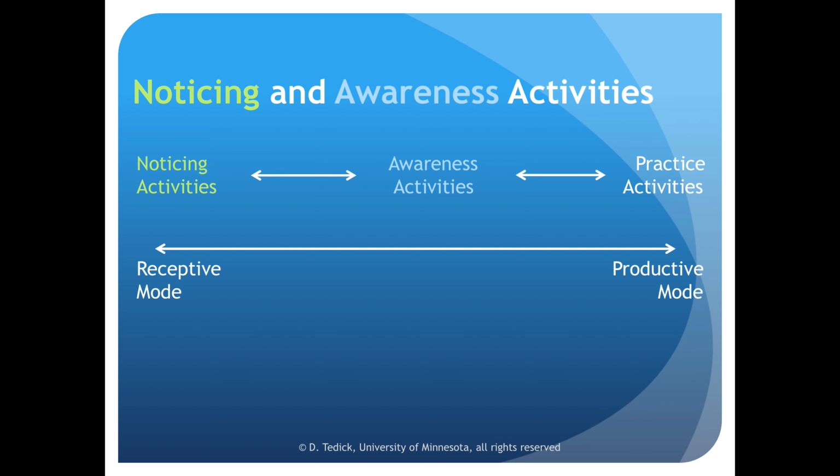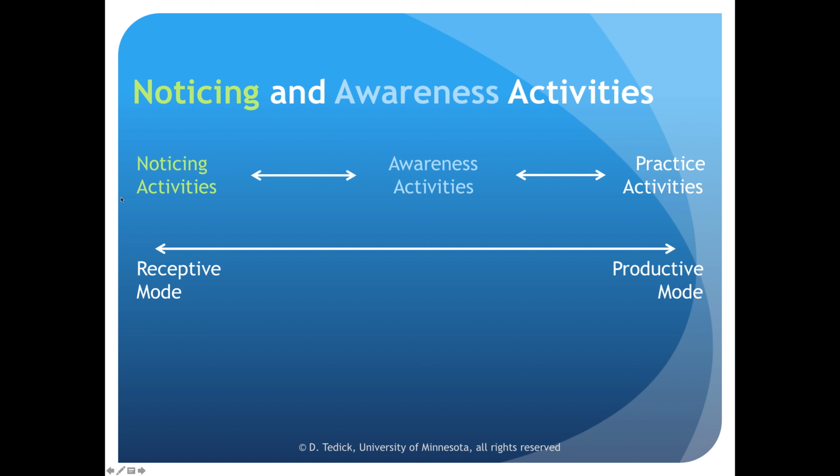But first I want to point out that when we're talking about the 2 phases in the middle of that CAPA sequence that really comprise the phases that focus more on language, we've got 3 different kinds of activities: noticing, awareness, and practice activities. And these really lie on a continuum from more receptive activities where we're just listening or understanding versus productive, where the students are actually producing the language.